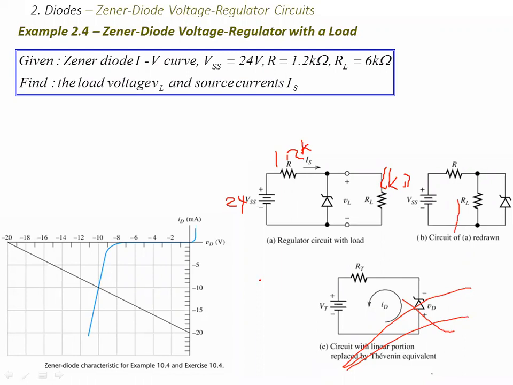Right? Now, if we look at our VSS, we said our VSS is equal to 24 volts, and our source current is IS, and we are given this diode characteristic.